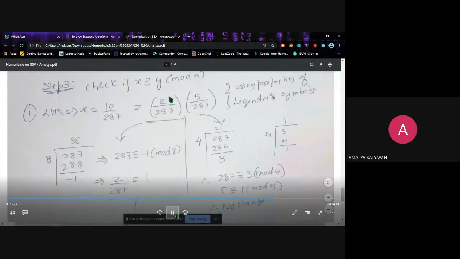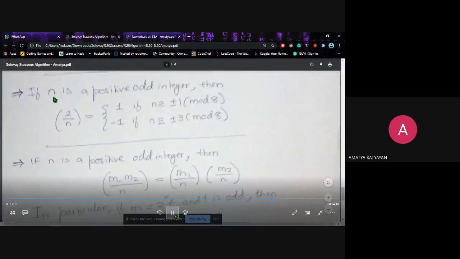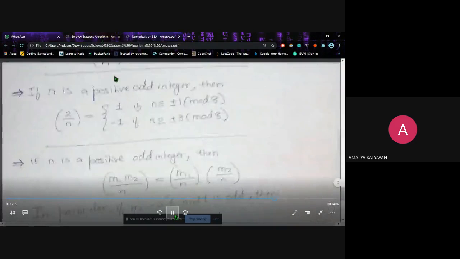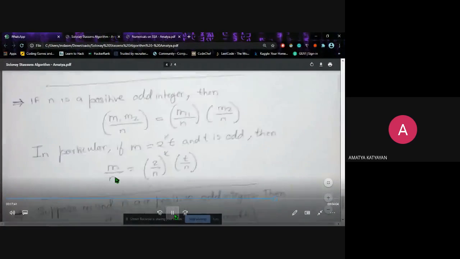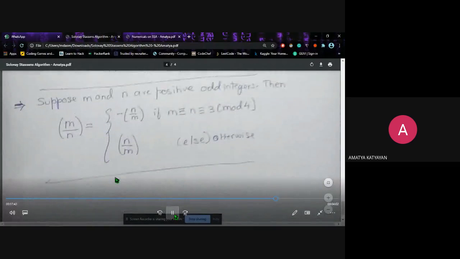Now to solve the other part, since till now we have been solving this part, we now concentrate upon 5 upon 287. Now this is no more in this property. For solving this, we require our last and final property that we had discussed, that is this, of the form m upon n, where m is not 2. Okay, so if m is not 2, then we use this. Now in this case, m is 5, and both m and n are positive odd.